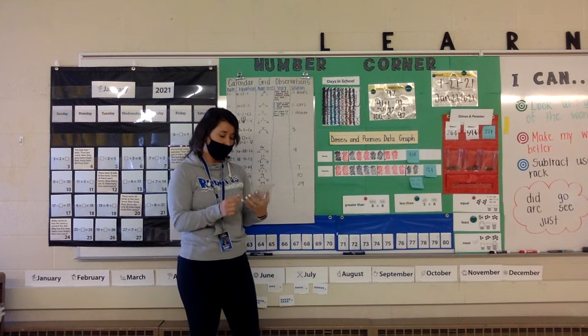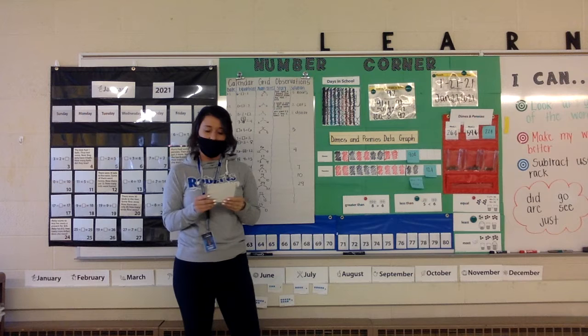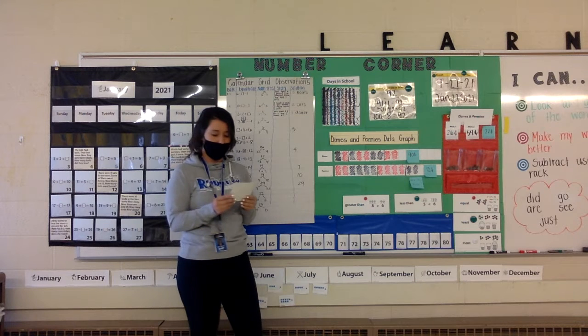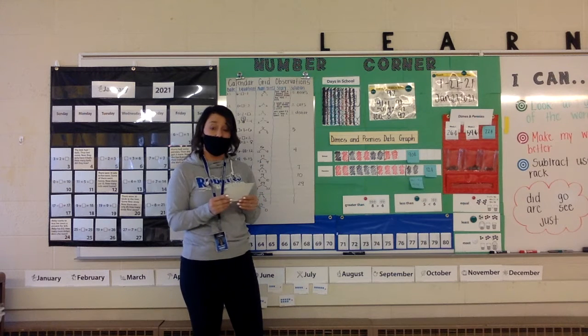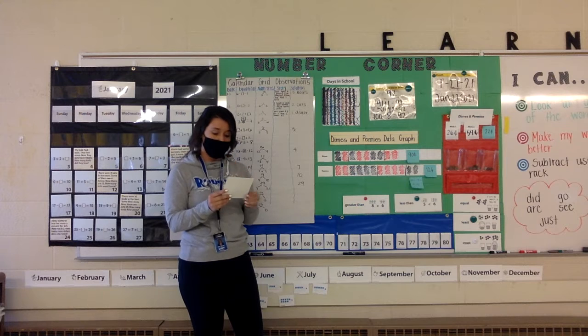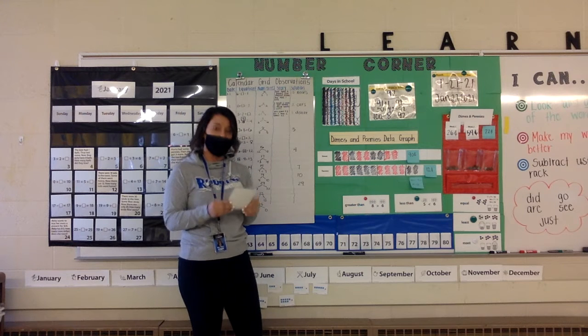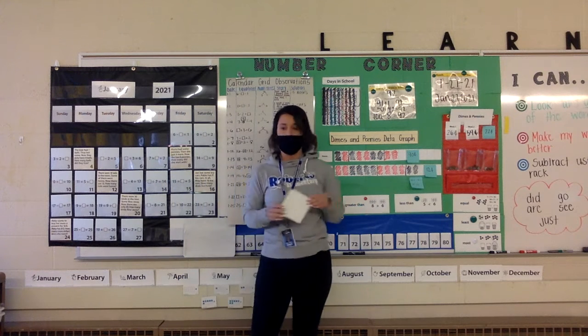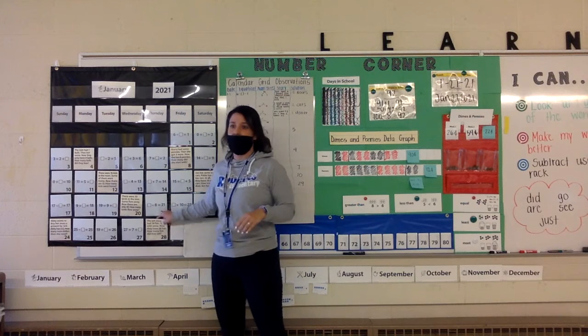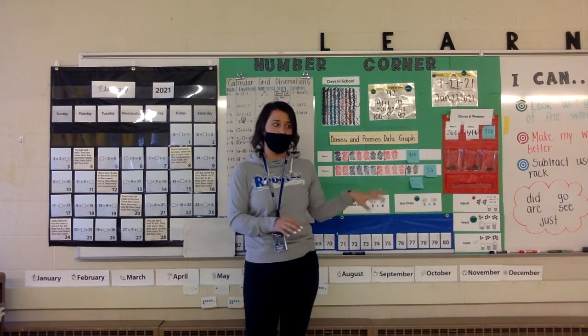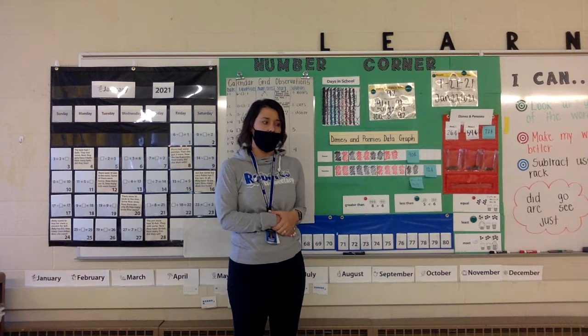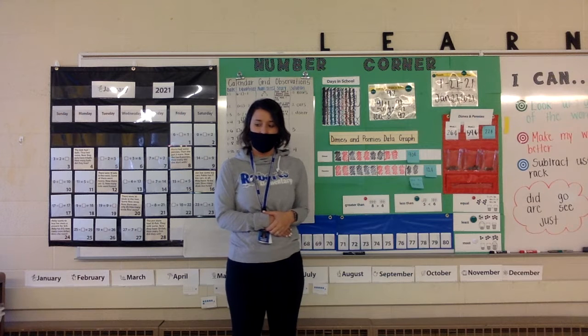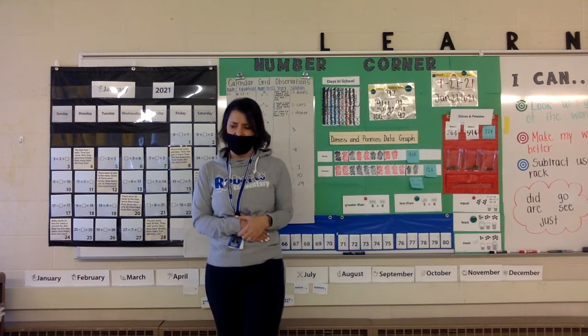Are you ready? The pet store had 30 fish. They sold some. Now they have 28 fish. How many fish did they sell? They had 30 fish, but they sold some. Now they only have 28 fish. How many did they sell?